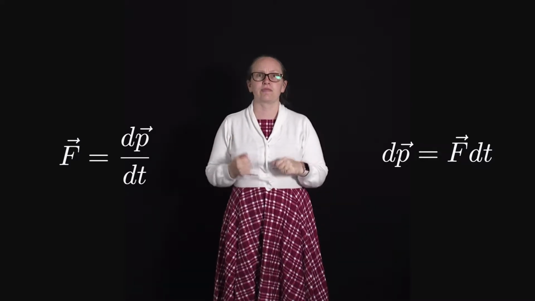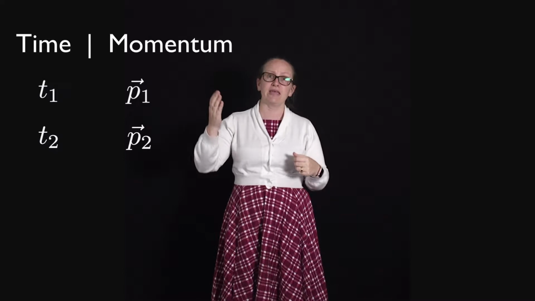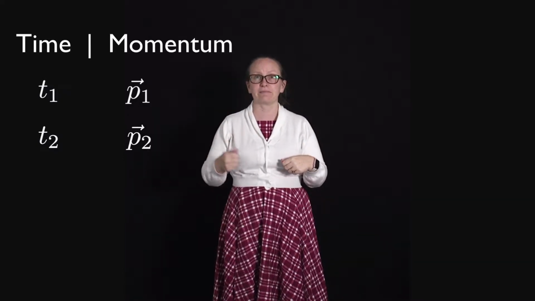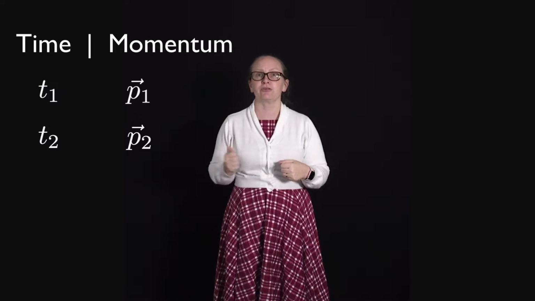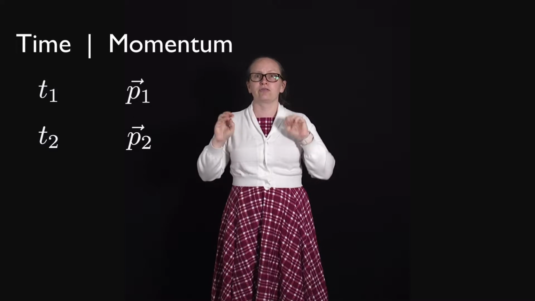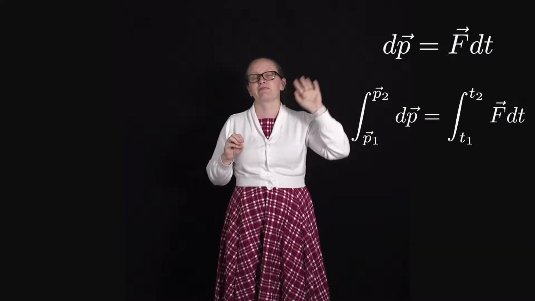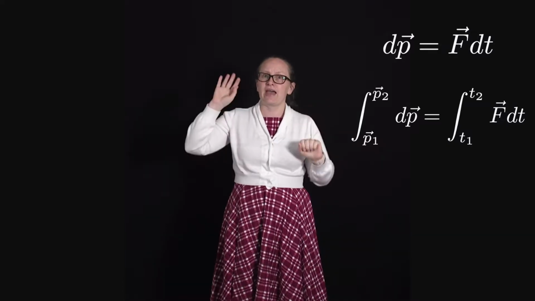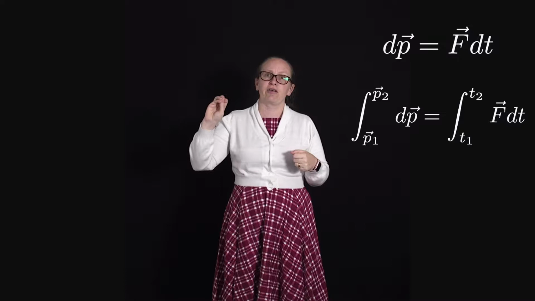So let's assume that at time t1, the momentum is given by p1, and remember momentum is a vector, and at time t2, the momentum is given by p2. Well, in this case, we can put these limits on the integral. So our left-hand side becomes the integral of dp with the limits from p1 to p2, and the right-hand side is the integral of F dt, and we're going from time t1 to time t2.